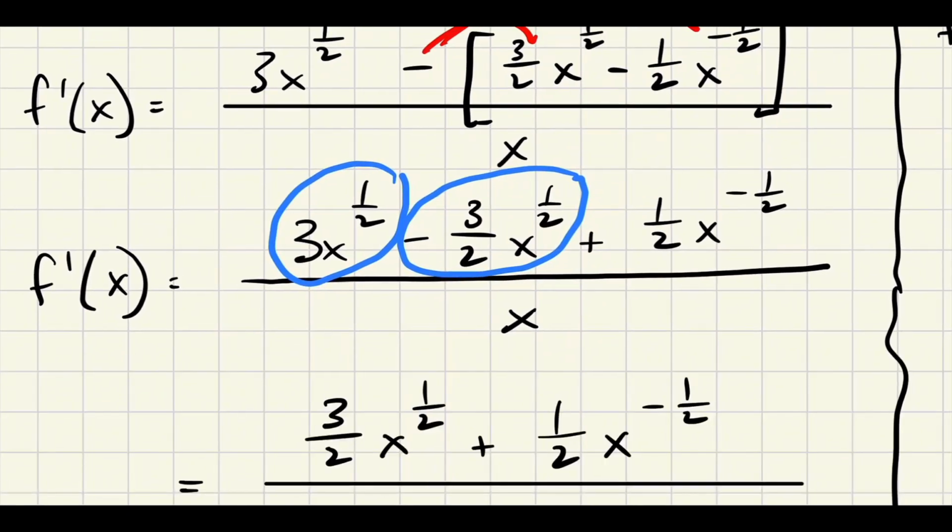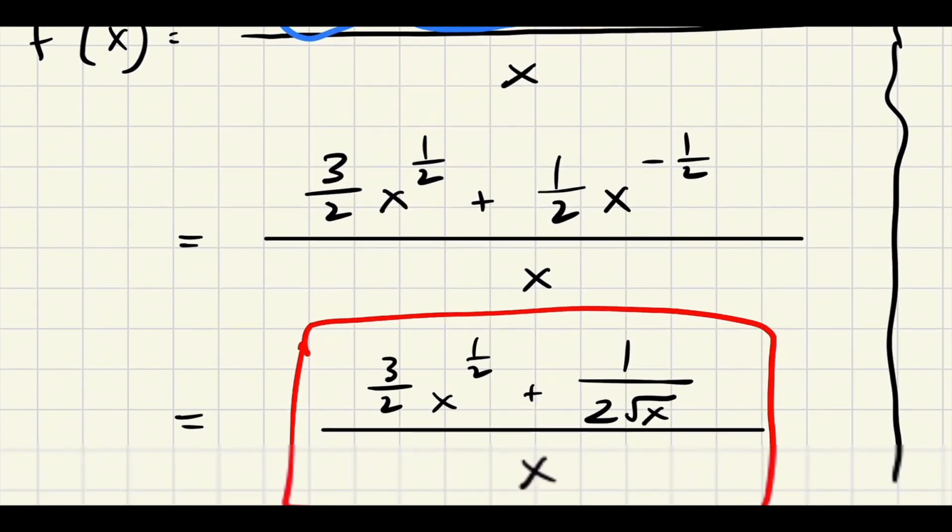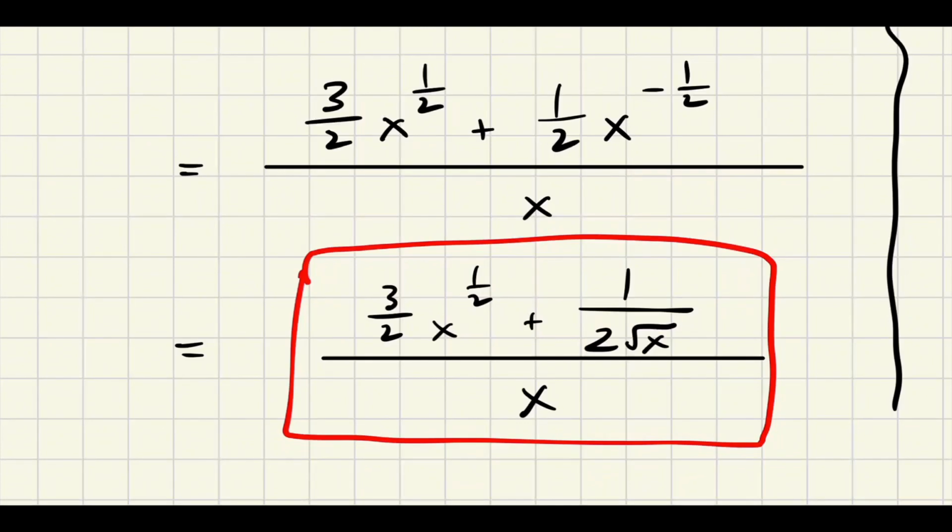Combine like terms. 3 minus 3 halves, which is 1 and 1/2, is just 1 and 1/2. And then the last thing I did was change the negative half. You don't want to leave a negative power. Just change it back to what it was. And I stopped.